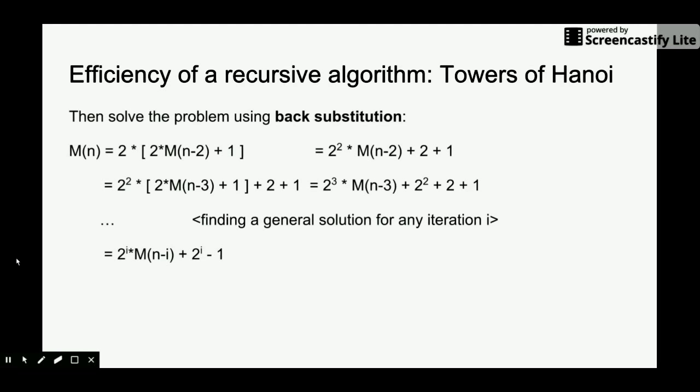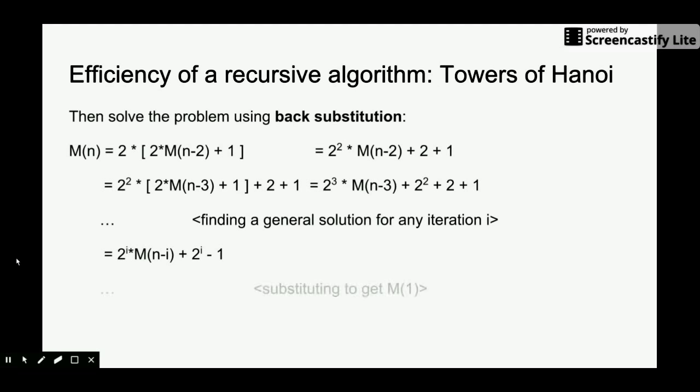Now we can say, okay, with this general equation, for any substitution for i, where i can be anything from n to n minus 1, all the way down to just 1, what do we want to substitute for i such that the m term is m of 1?